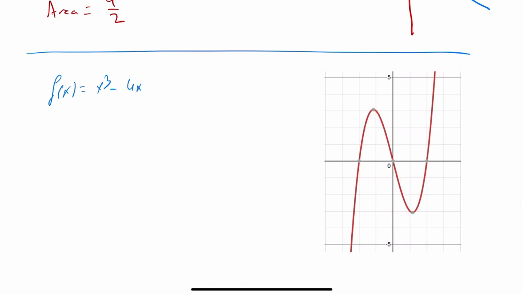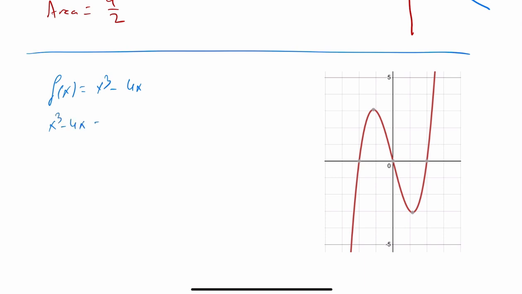So the first thing we should do in this case is find the x-intercepts. After that, we can divide our function into parts. To do that, we need to set this equal to 0, so we can find where the function crosses the x-axis.